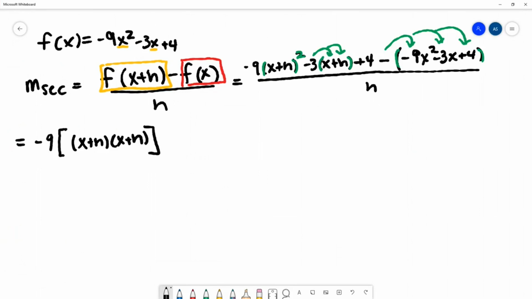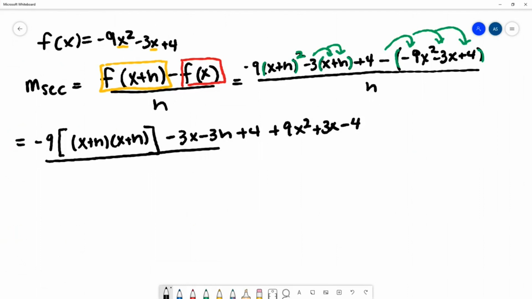That's applying the square. We're multiplying the base twice. Negative 3x minus 3h, distributing that negative 3. Copying down that plus 4, I'll distribute the negative to get plus 9x squared plus 3x minus 4. And this is all over h.